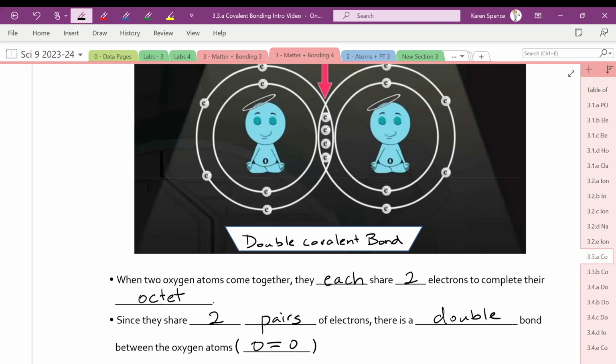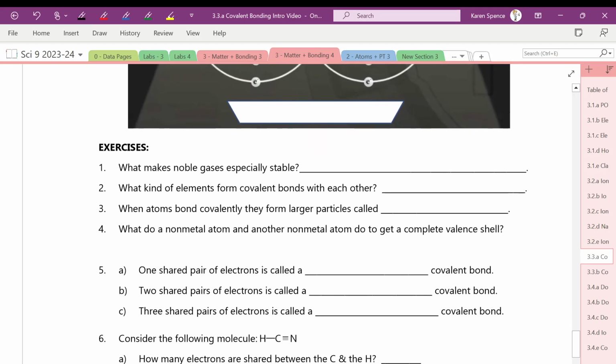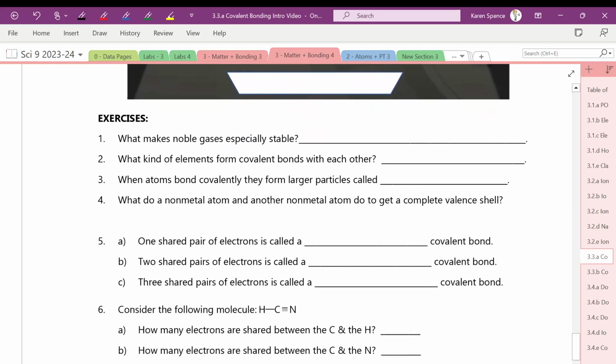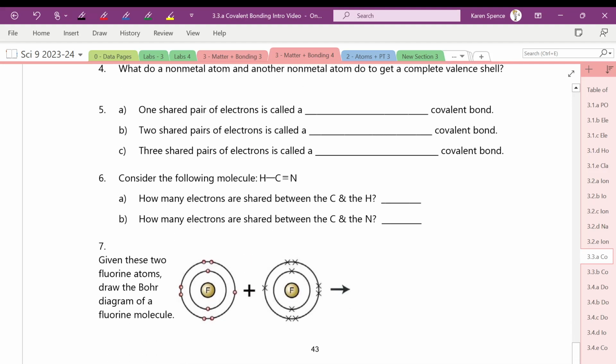Anything else? Page 43. Okay, page 43, and what did you want? Number 6? Oh, well, you've got to try them first.